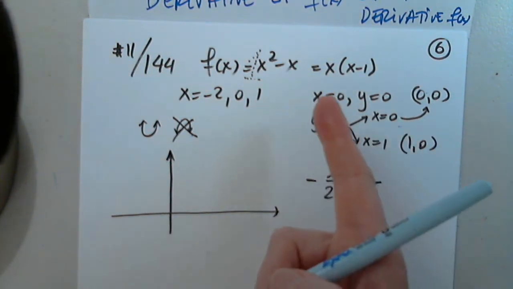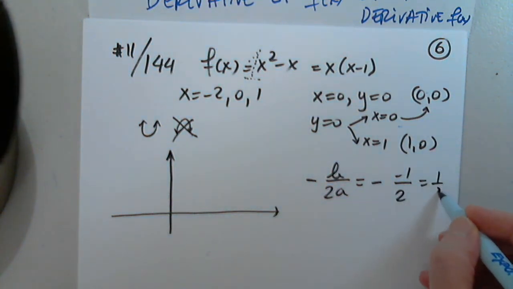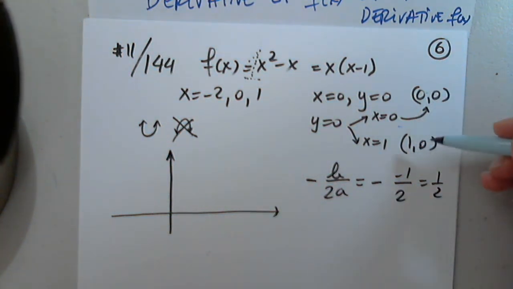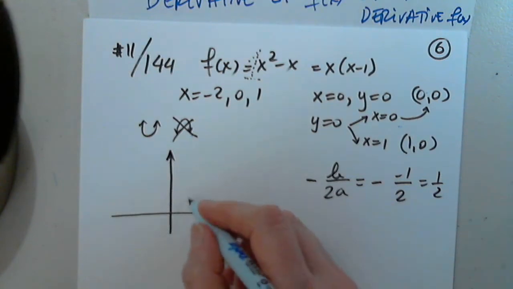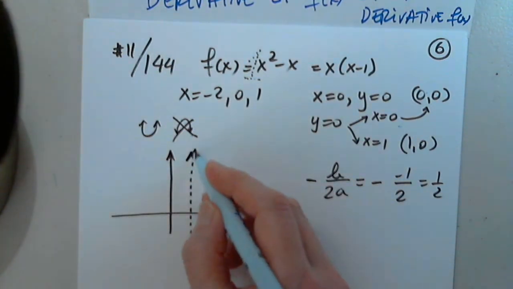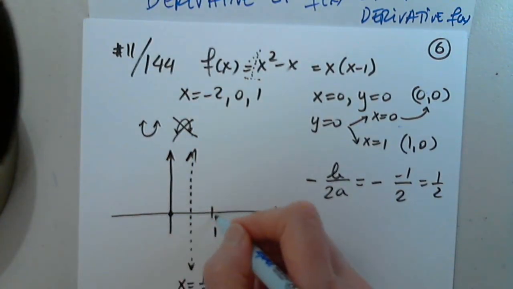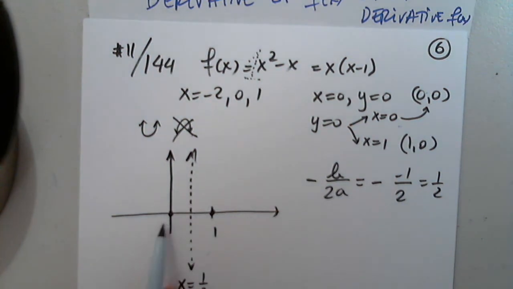So negative b is -1 divided by 2. So as I said, it's 1/2. It has to be exactly between these two. So if this is 1, this has to be 1/2. The axis of symmetry. So the x-intercept, and this is also the y-intercept.